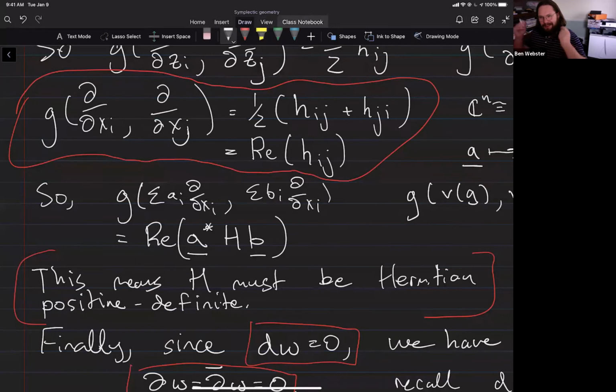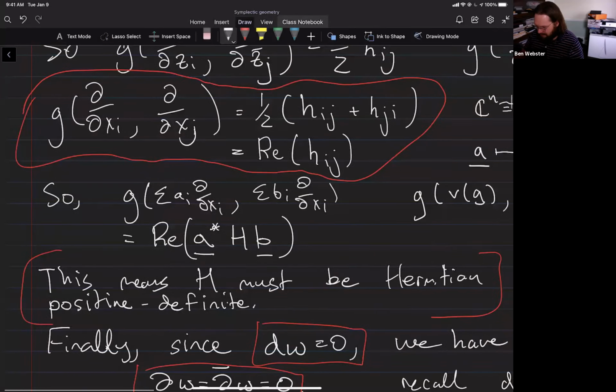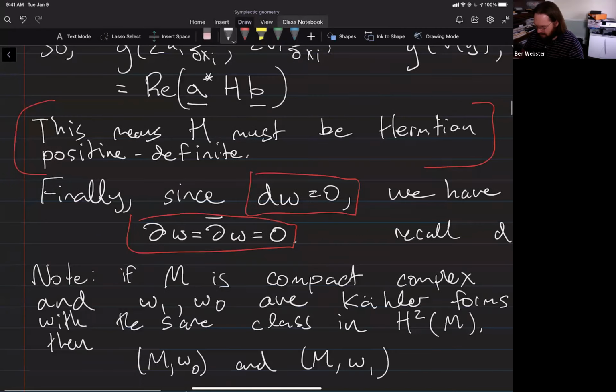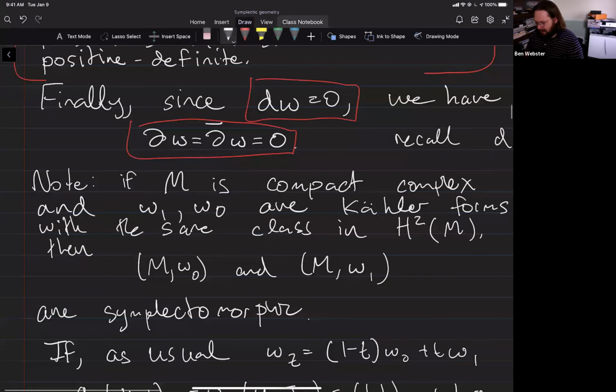I hope I didn't put the star on the wrong side, but it doesn't matter too much. All right, cool. And then, as I say, you have this last closed condition.